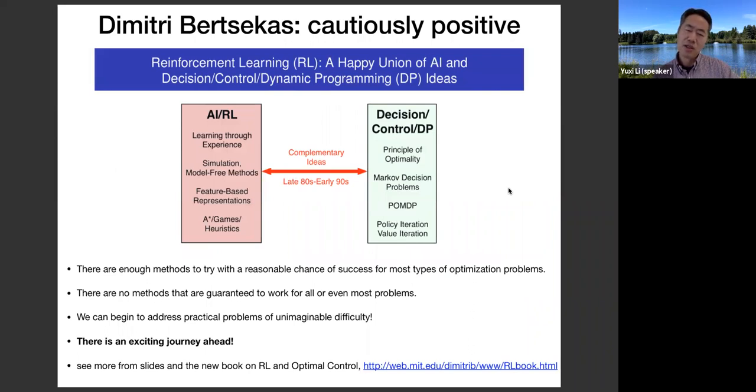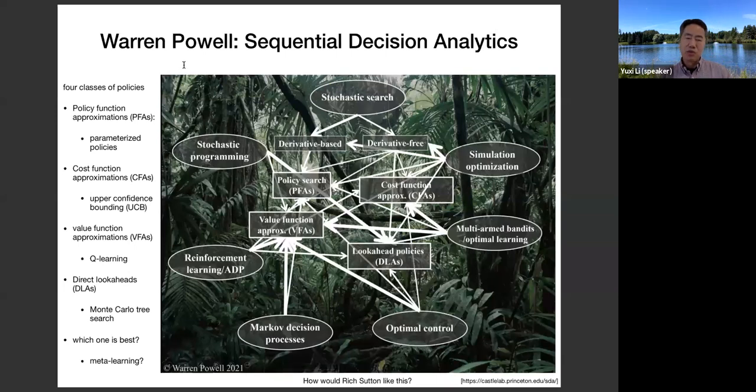He's a leading expert in optimal control and OR, and he is especially positive about refining, which I think is very exciting. Although there are still challenges, he also admits concerns about that.